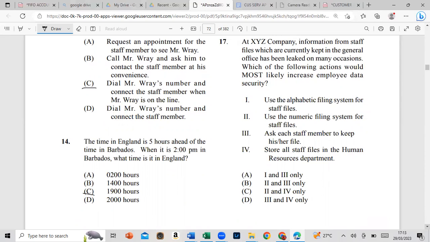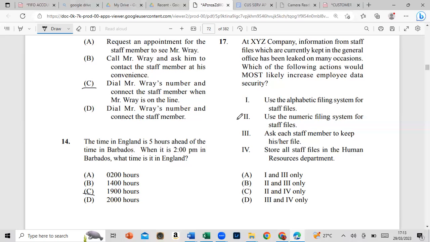Let's go again. At XYZ, information from staff files which are currently kept in the general office has been leaked on many occasions. Which of the following actions would most likely increase employee data security? Use the alphabetical filing system for files. No, that's not good. Using numeric.